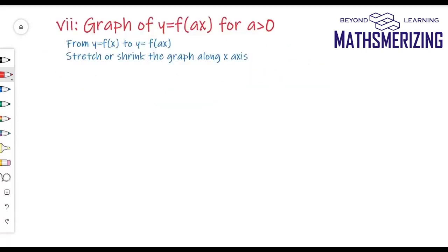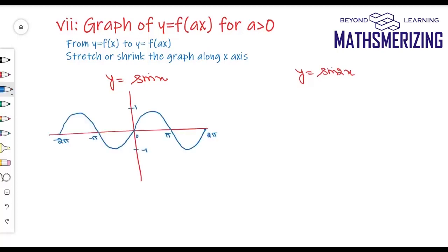Now the seventh transformation is from the graph of y is equal to f(x), we need to draw the graph of y equals f(ax). Here again, I have taken a as a positive number. So here too, I need to stretch or shrink the graph along x-axis. Say for example, from the graph of y equals sine x, I have to draw the graph of y equals sine 2x.